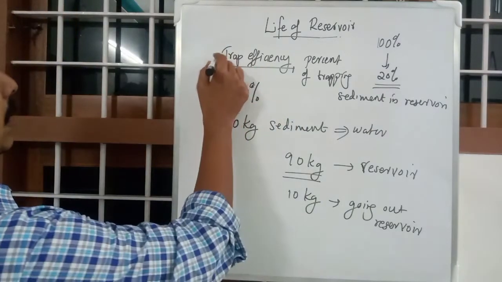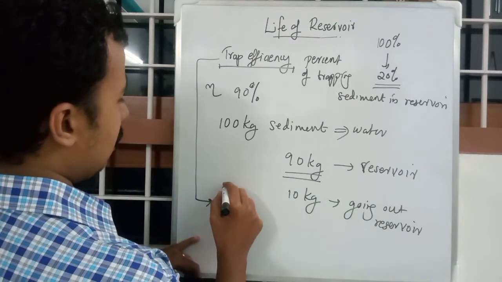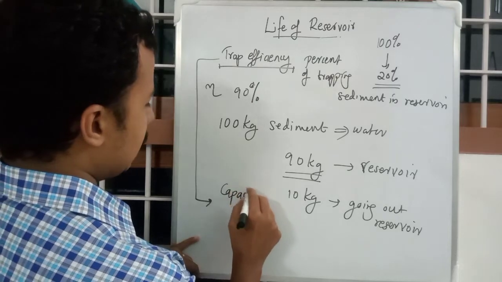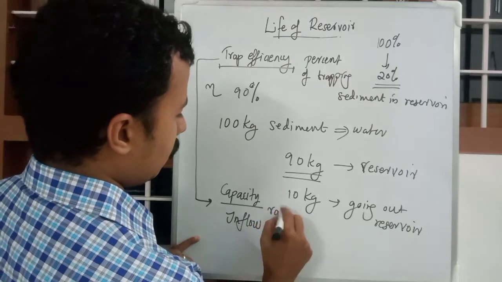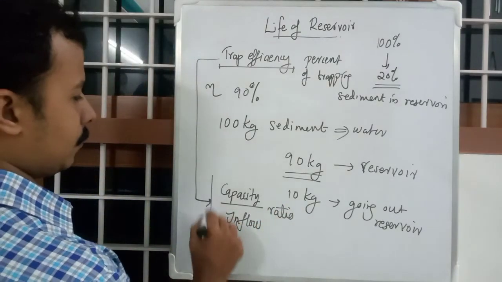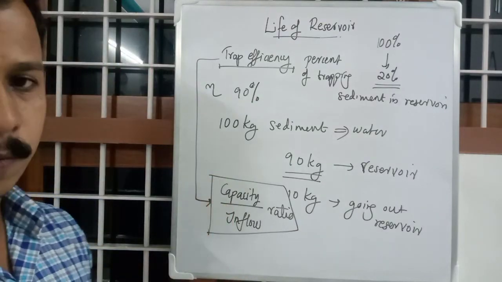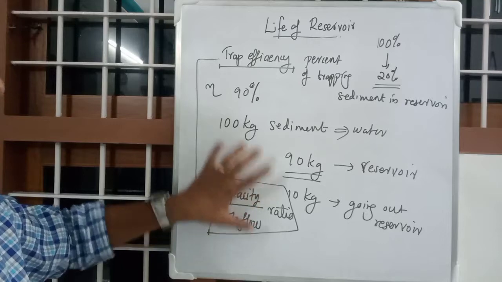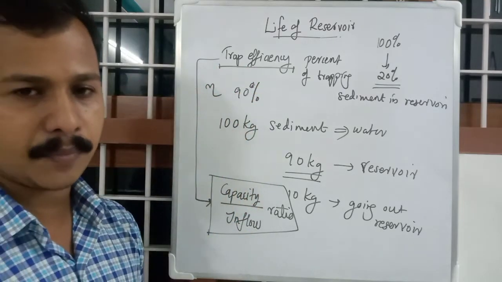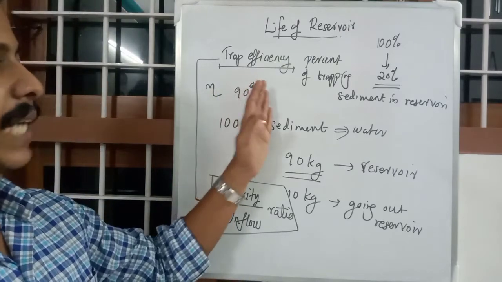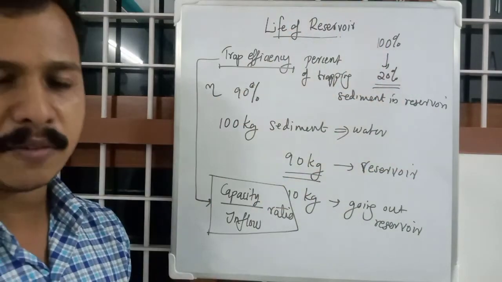And trap efficiency is determined by a single ratio called the capacity by inflow ratio. So by calculating capacity by inflow, you can get a standard trap efficiency value like 90%, 92%, 96%, etc. And with that trap efficiency, after some procedures, we will be calculating life of reservoir.